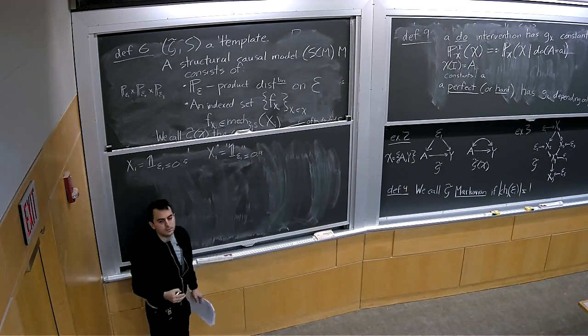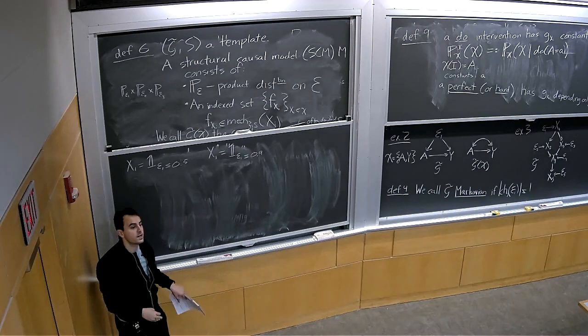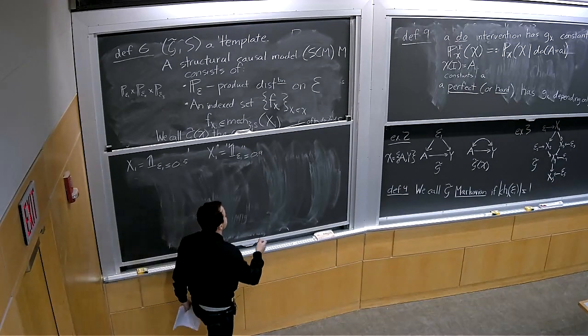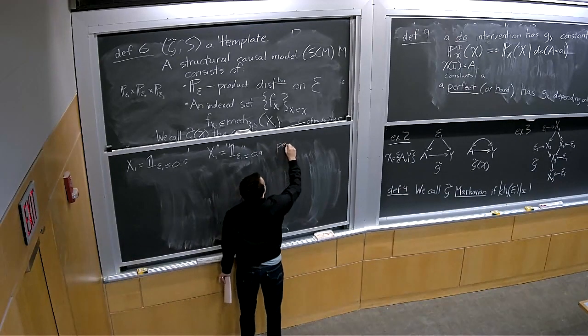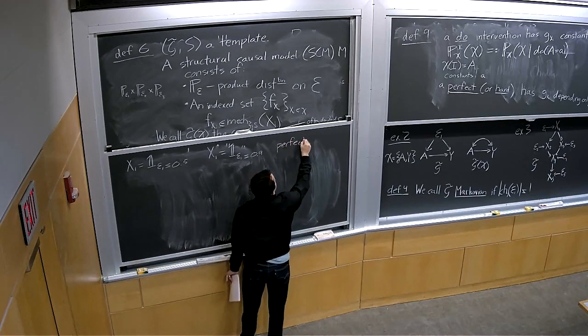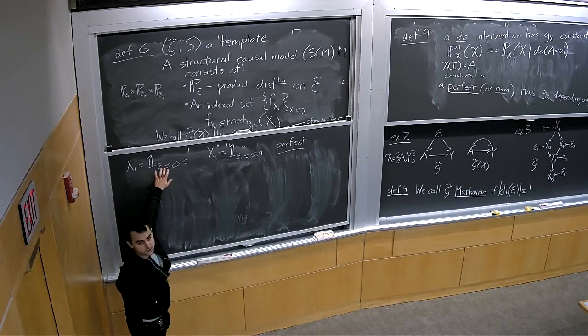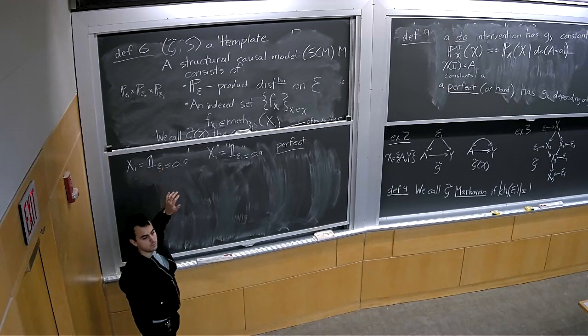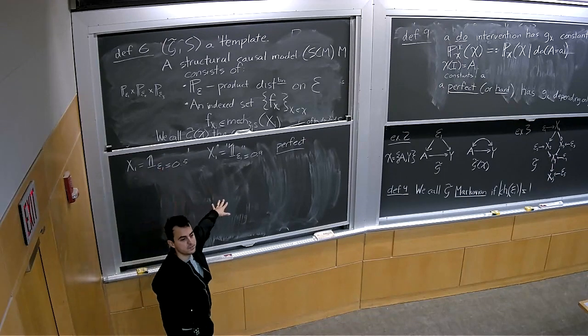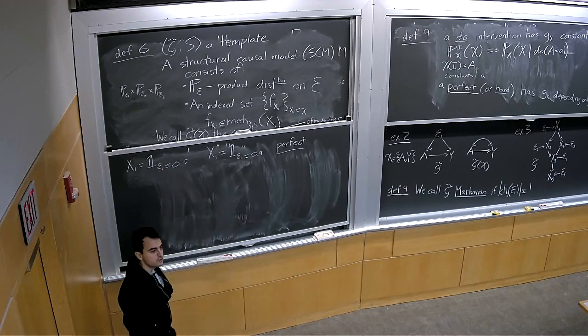So anytime my random number generator spits out something less than 0.9, now I'll actually do that. So this would be a type of perfect intervention, because anytime I intervene on something that's already a source node, only depends on the epsilons, it's always just going to be a perfect intervention.